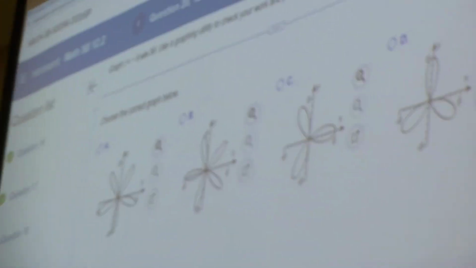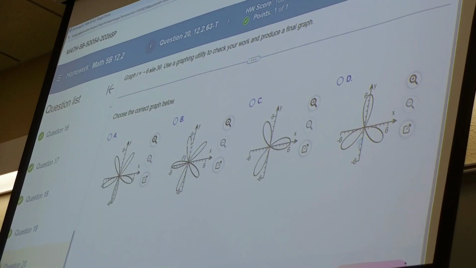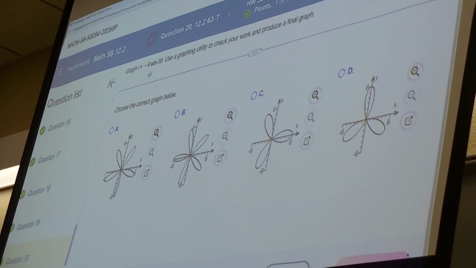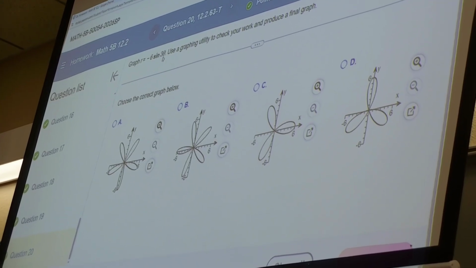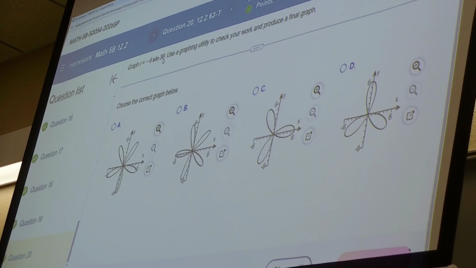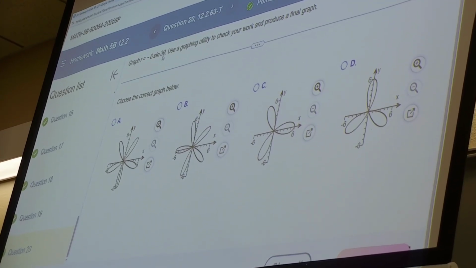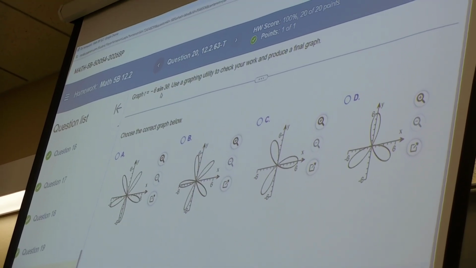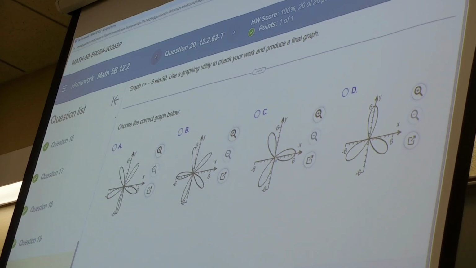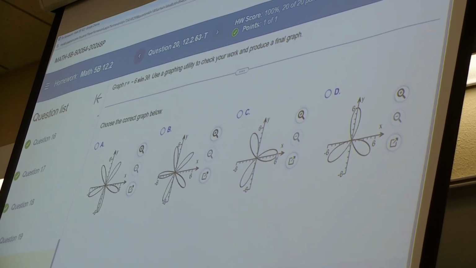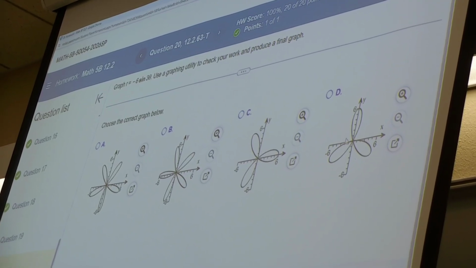So which ones does that limit us to here? C and D. All right, let's check a point. Let's put in 0 for theta. What is sine of 3 times 0? 0. Sine of 0 is 0, correct? And -6 times 0 is 0. C's got something there, but notice there's a point out there. 0, 6.